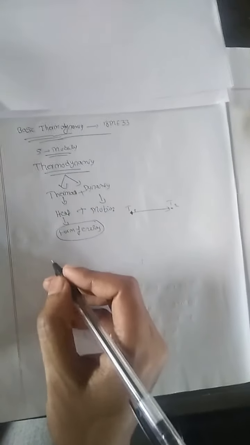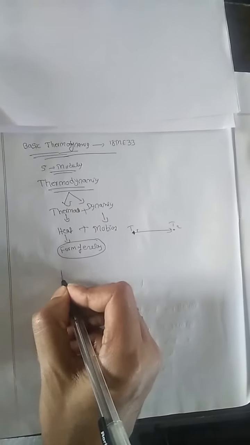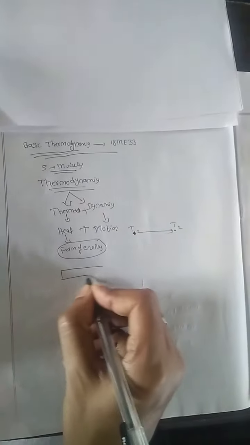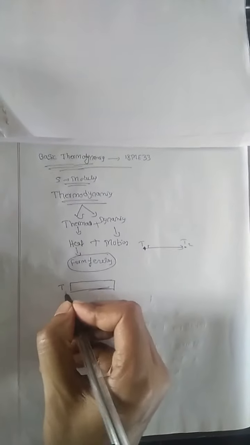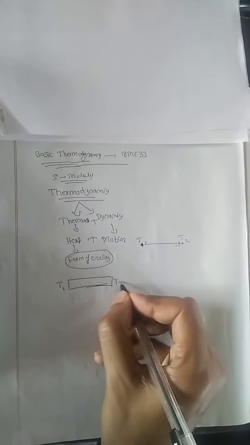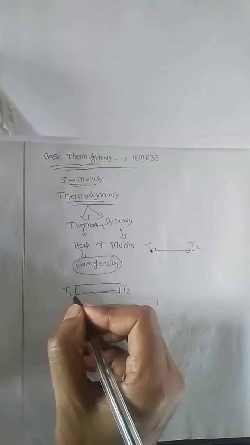The best example is this metallic rod. Assume that this side is temperature T1 and this side is temperature T2.